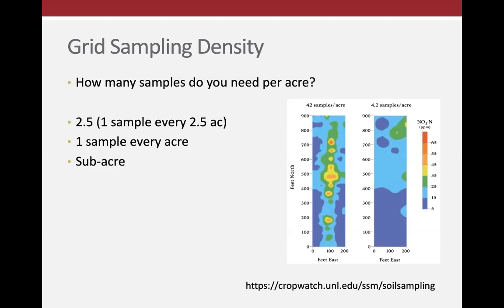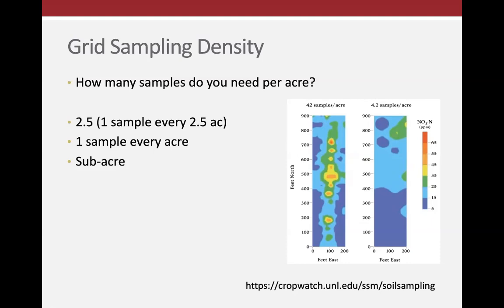And you can see, bada boom, this is probably picked as an illustrative example, but a lot more of these higher zones pop up in the middle that essentially were completely missed when we had a lower density grid. So again, we would call this a high density grid sample, and relative to that, this would be a lower density grid.